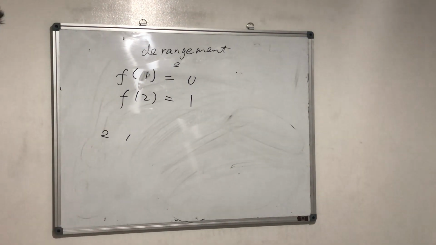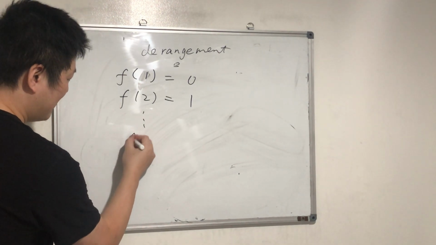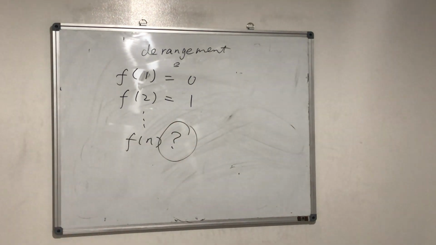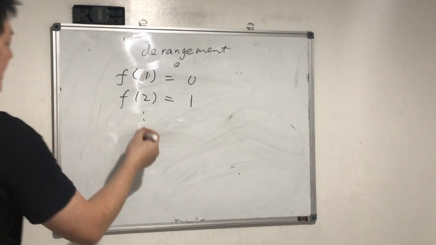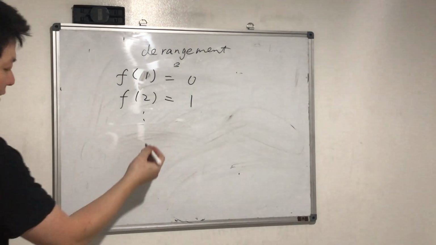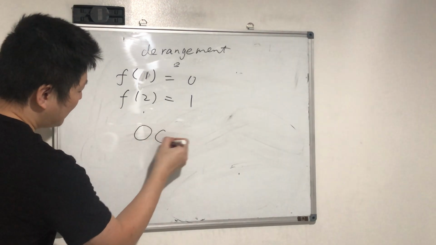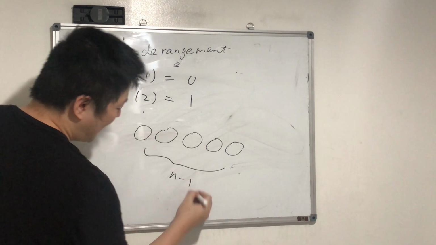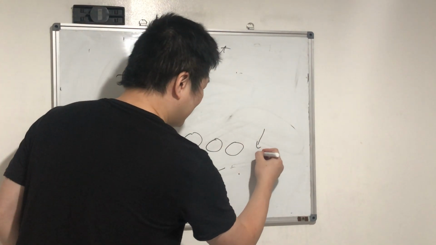Got it? Okay, so now how can we calculate Fn? The question is how can we calculate Fn? Alright, this is the interesting part. So there are n minus 1 numbers here, from number 1 to n minus 1, and I want to put the number n here.